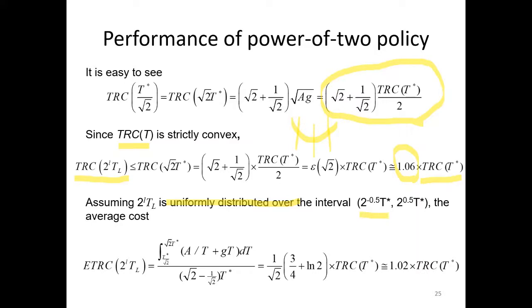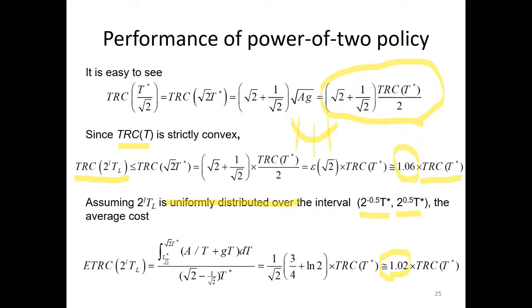When you do that, you will find that on average, the deviation is very minor, which is 2% above the total relevant cost value. I'm not asking you to do or to know the details of these calculations. You can have a look at the proof for this final result in the textbook.